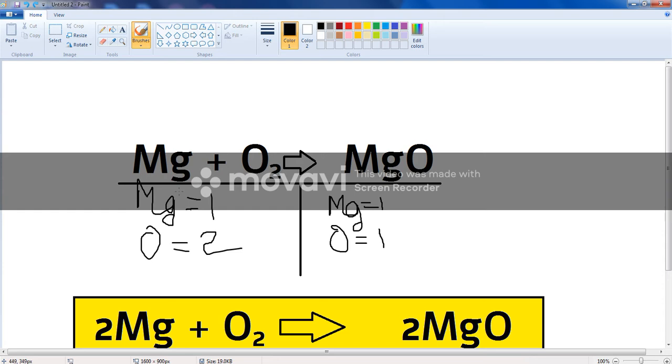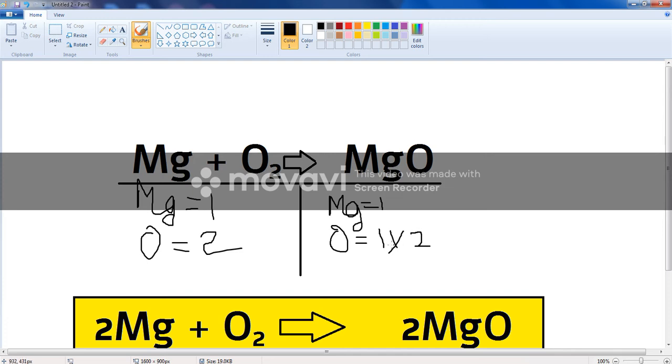Okay, so now here Mg is balanced but O is not balanced. Here O has 2 atoms, and in this side there is only 1. So to make this 1 as 2, as we can't make 2 as 1, we can multiply 1 by 2.